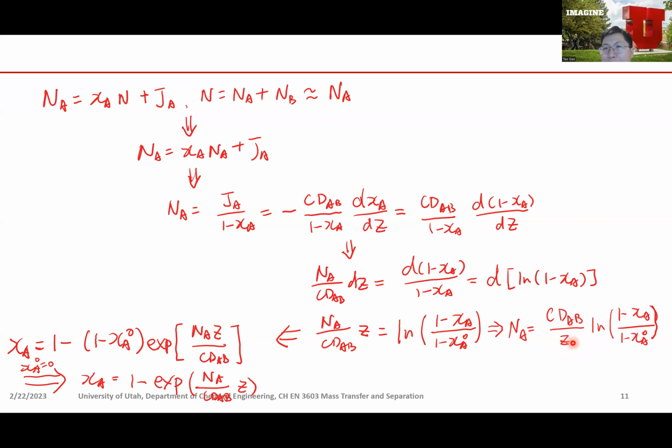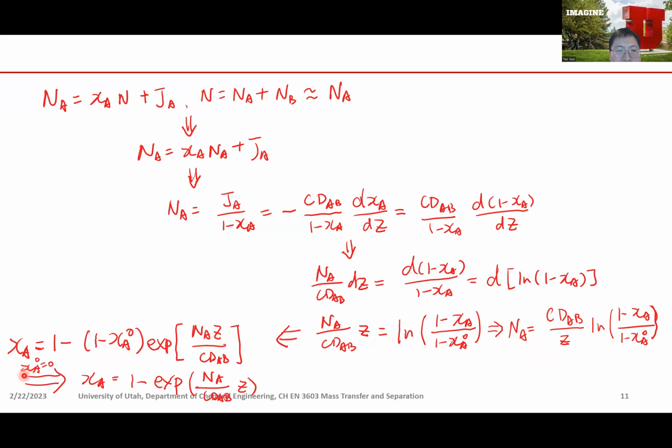In this case, the problem is simplified to a 1D problem in the Z direction. And from this, you can also get the mole fraction of A, XA, at any location Z, and it basically depends on Z exponentially.